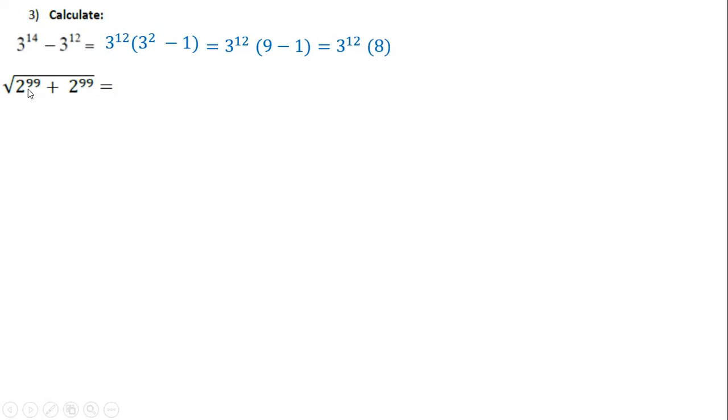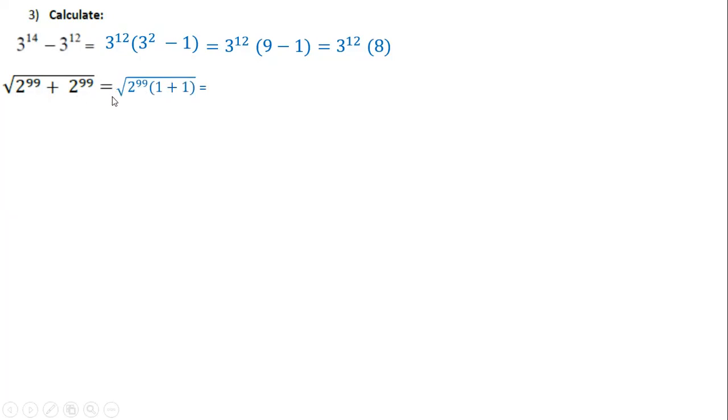Whenever we have addition of two numbers having exponents, we should also take common. Here, since I have two bases with the same exponents, in the first number we have 2 to the power 99, in the second number we have also 2 to the power 99. So my common should be 2 to the power 99.